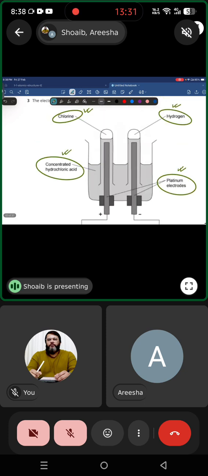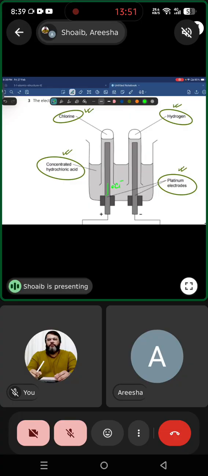As the chlorine will deposit, the chloride ions will deposit the electrons here. The electrons go through here from the terminal. One second. Here are the chloride ions.